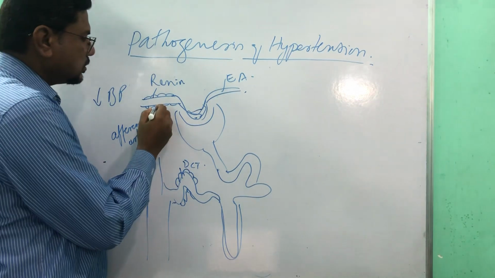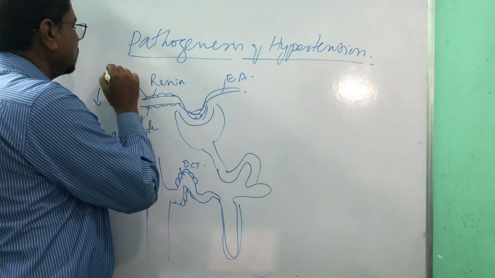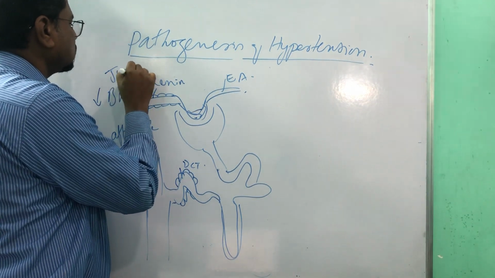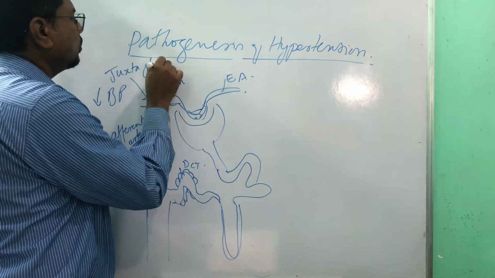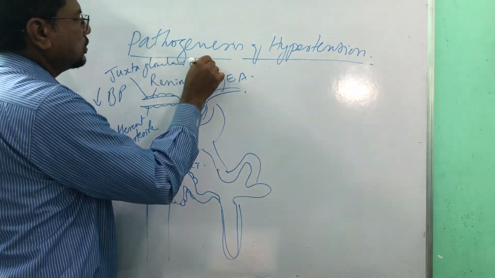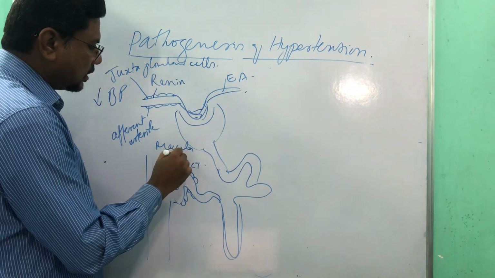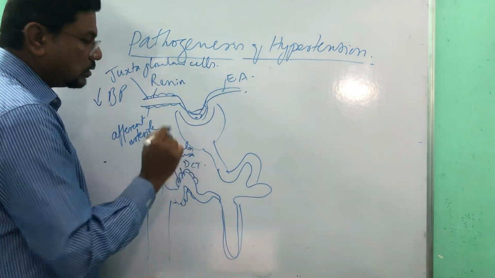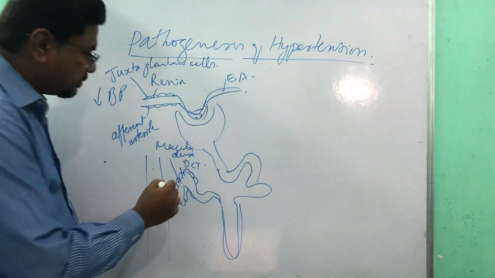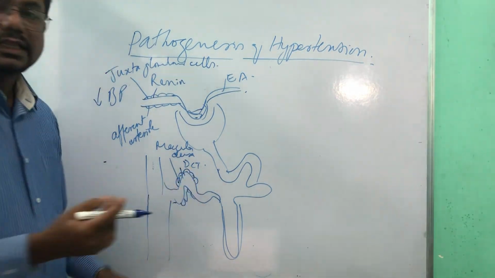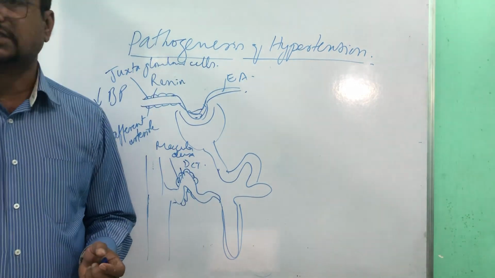What are these cells? These cells are the juxtaglomerular cells. These are macula densa cells, right? What will these macula densa cells do? These macula densa cells are the taste cells.